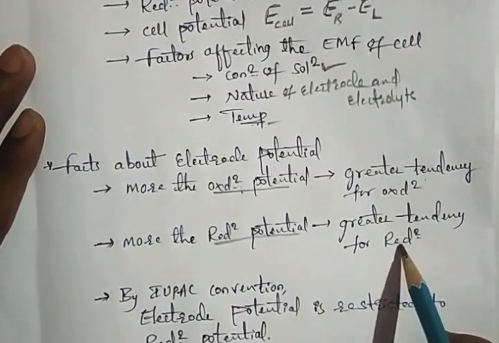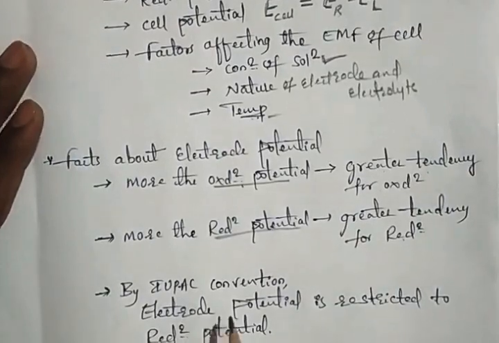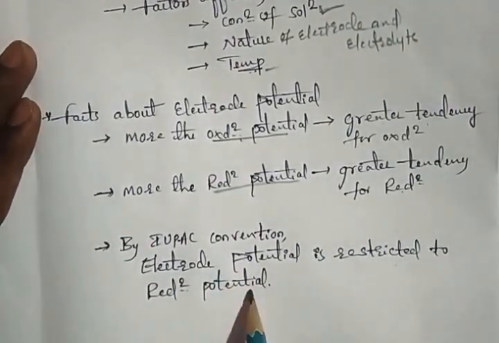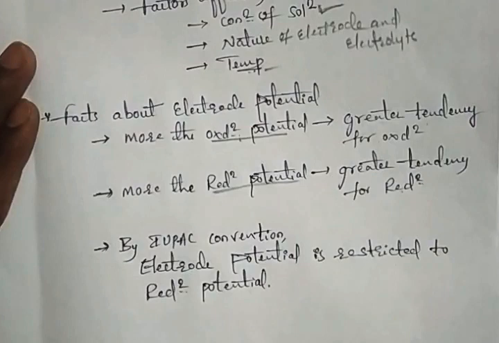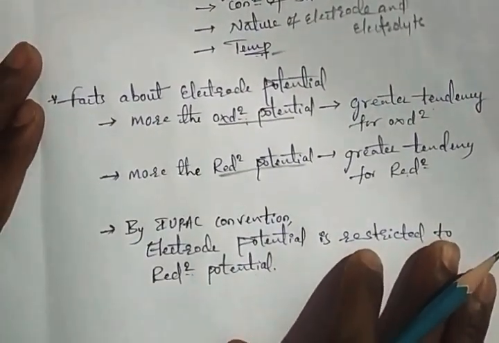By IUPAC convention, electrode potential is restricted to reduction potential values. Whenever we talk about electrode potential, it is a reduction potential only, not the oxidation potential.